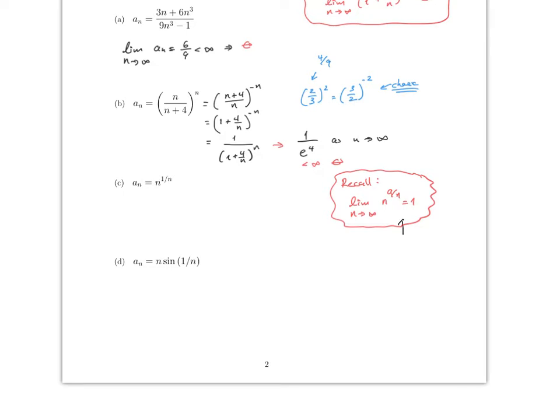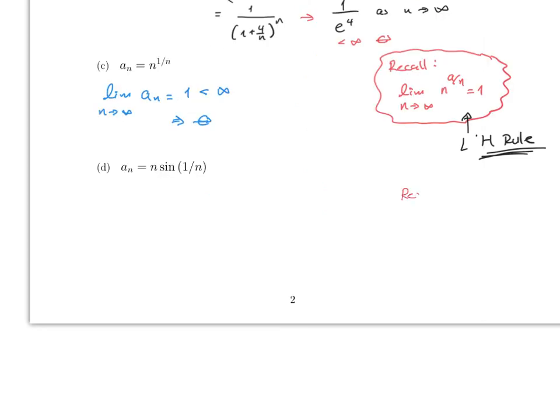This is actually true because of L'Hopital's rule. Okay, but just in case you forgot it. So therefore here, clearly the limit as n goes to infinity of a to the n is going to be equal to 1, which is clearly less than infinity. So that implies this is convergent.